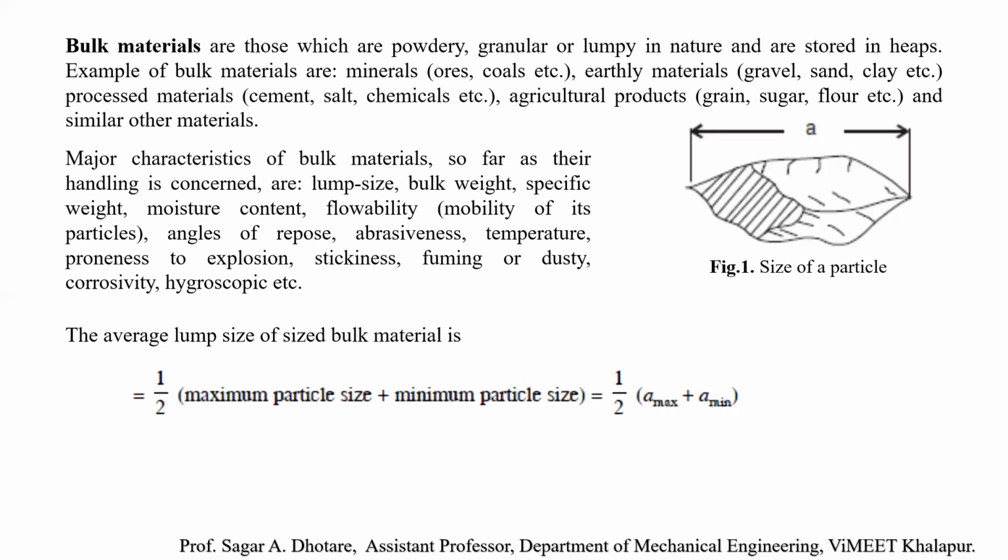Then movability or flowability of the bulk material is generally determined based on the angle of repose. When the bulk material is freely spilled over a horizontal plane, it assumes a conical heap. The angle theta of the cone with the horizontal is called the angle of repose. Hence, as that angle increases, the flowability decreases.